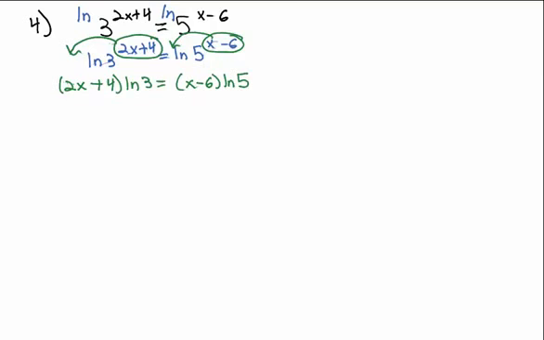We need to get rid of these parentheses. So let's distribute through the parentheses just like we did last time, giving us 2x natural log of 3 plus 4 natural log of 3 equals x natural log of 5 minus 6 natural log of 5.